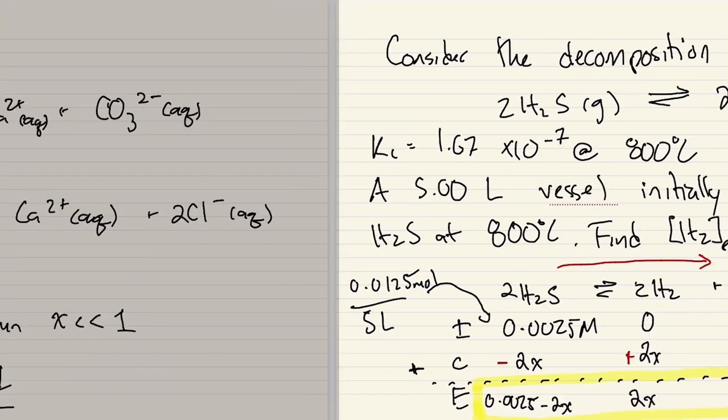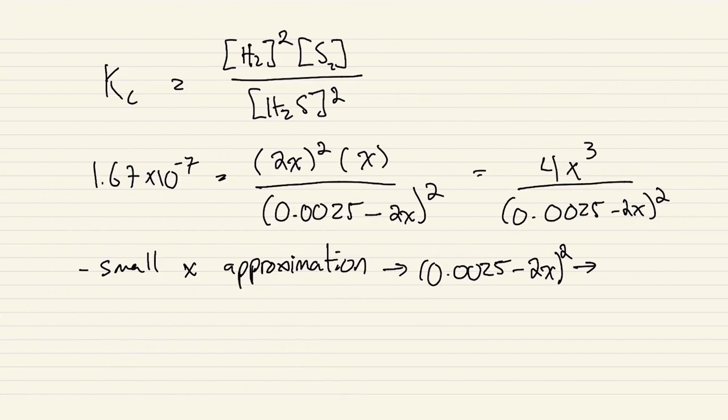Here, what are you subtracting x from? 0.0025, right? So the small x approximation is saying x is small compared to this number right here. So I'm going to say that this is approximately equal to just this number inside the parentheses here, right?